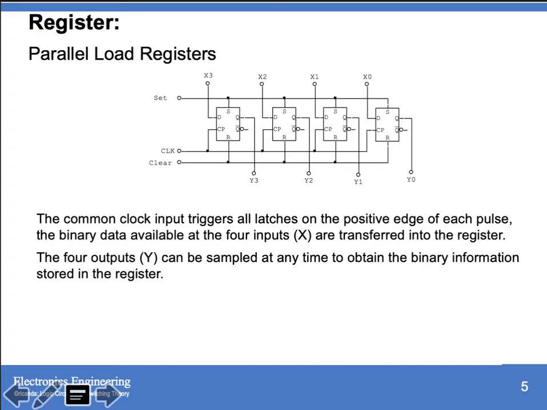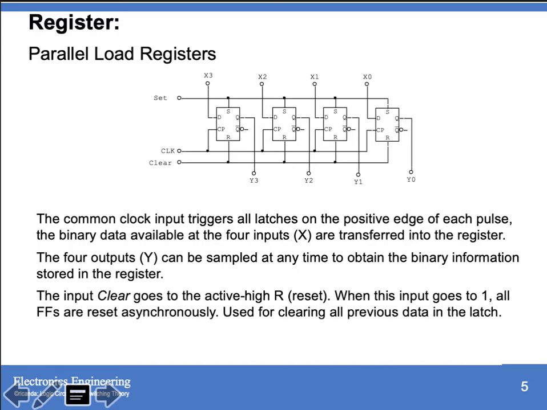This means it will clear all the previous data in the latch. The input set is connected to the active high S. S is set, and it is used for setting the data inside the latches or flip-flops.